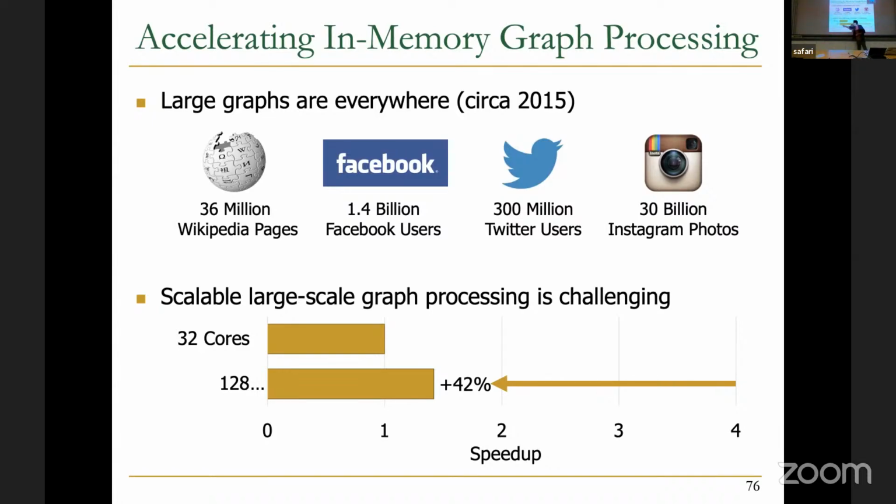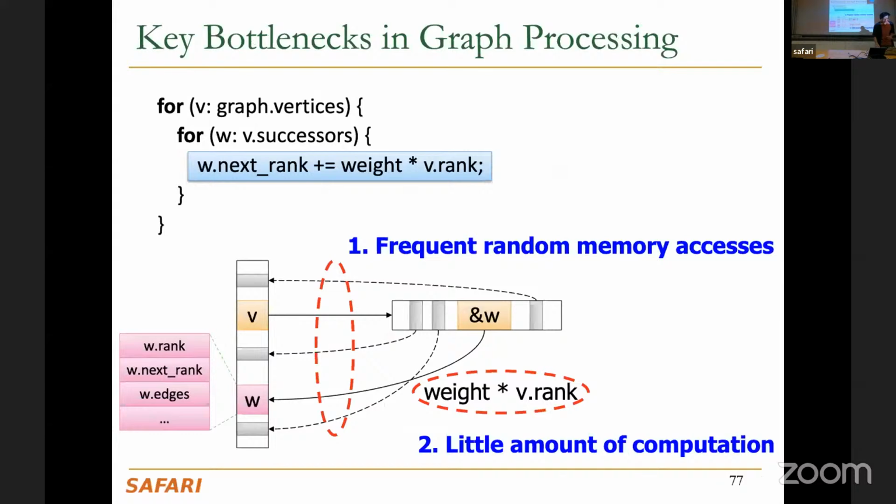For four times more cores, 128 cores, you get only 42% more performance. So for 4 times more cores, only 42% improvement. So it really doesn't make sense. And what's the reason for that? The reason is accessing data. The memory bandwidth is fully saturated when trying to process these very large graphs. And even if we use more cores for this task, we cannot increase the performance significantly.